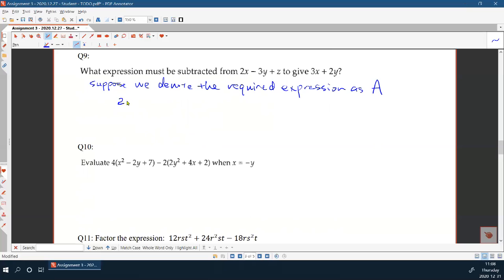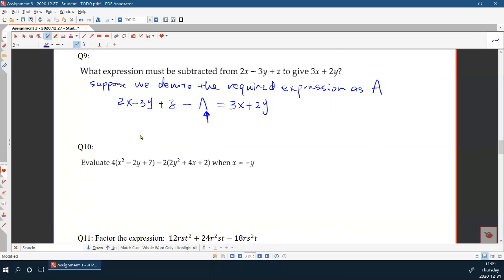And the question tells you that this expression subtracted by A is 3x plus 2y, right? And then all you need to do is to find A here.